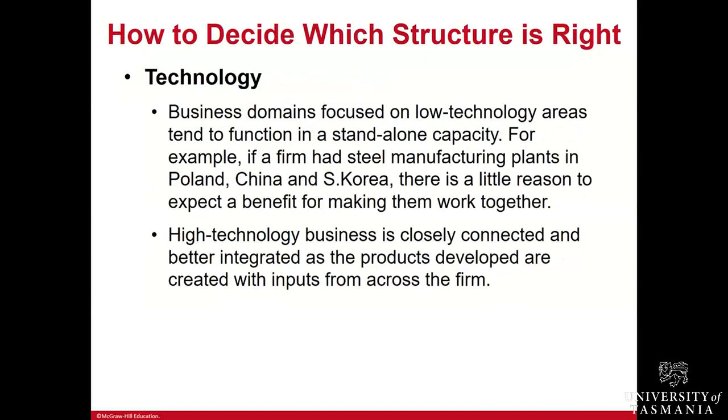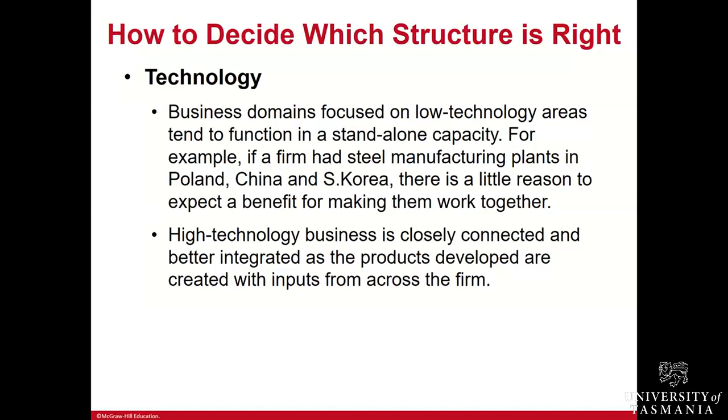And technology is also important to decide which structure, which form is the best for the international company. Business domains focused on low technology areas tend to function in a standalone capacity. For example, if a firm had steel manufacturing plants in Poland, China, and South Korea, there's little reason to expect a benefit from making them work together. They cannot work together.